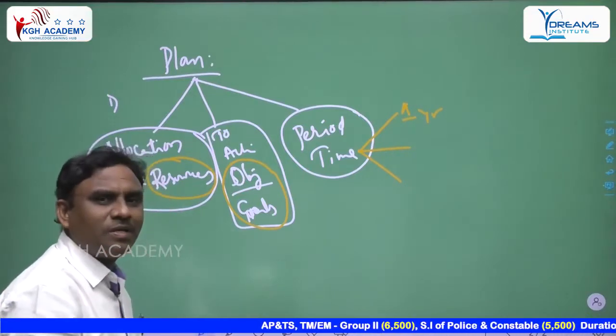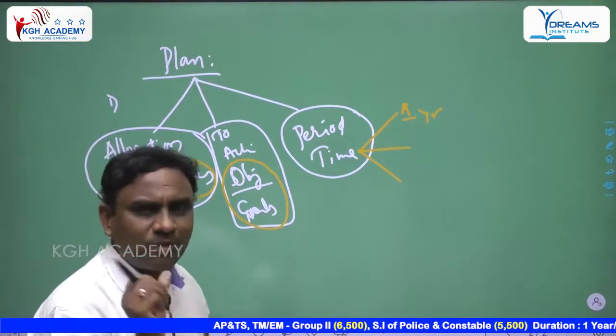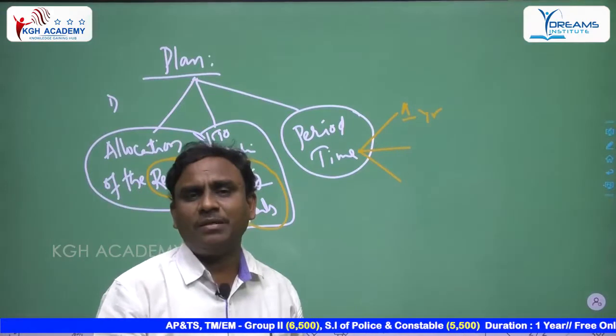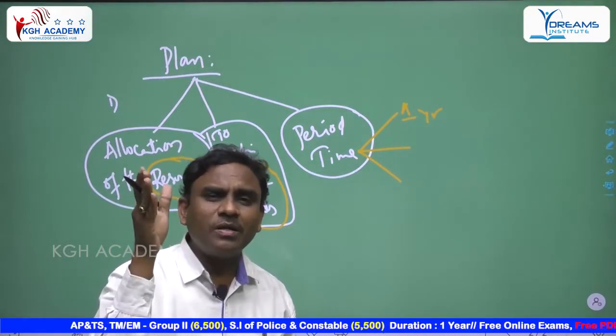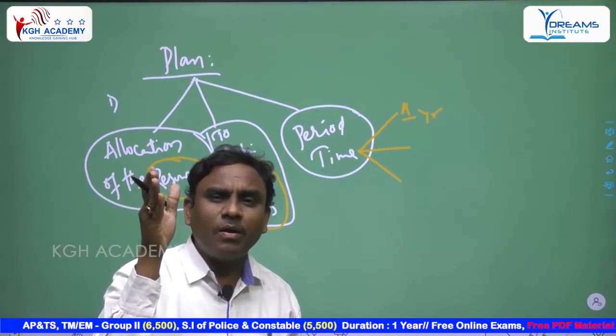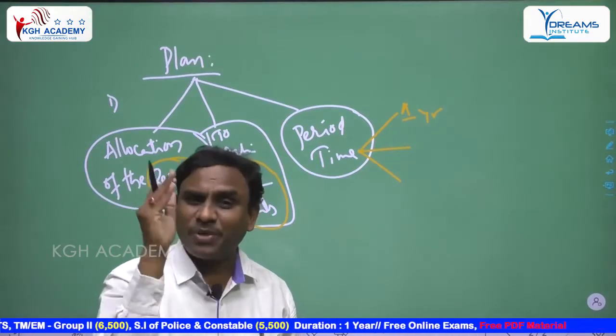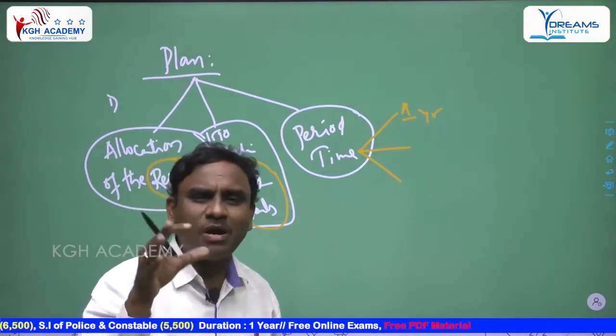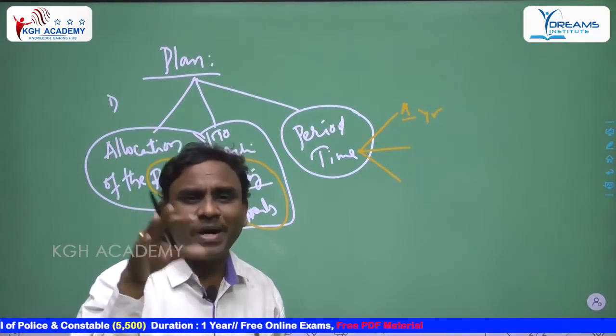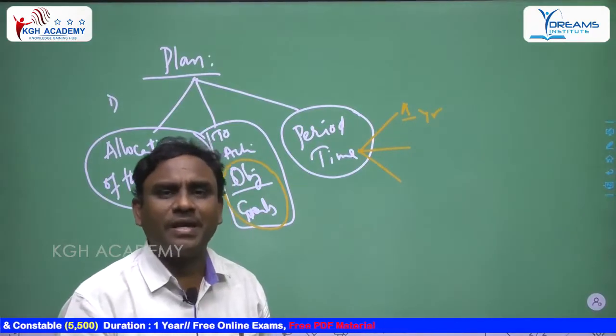And on the basis of objectives and goals, sometimes the long-term plan is known as a perspective plan, which focuses on nationwide issues and problems. All nationwide issues and problems are solved by the long-term plan.